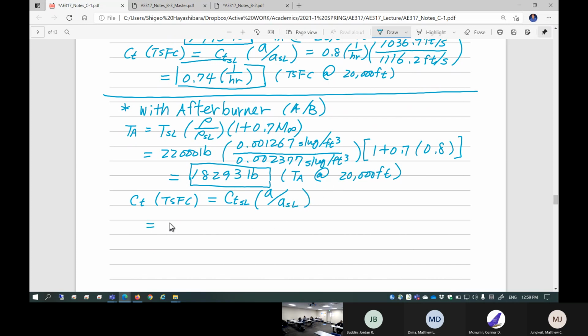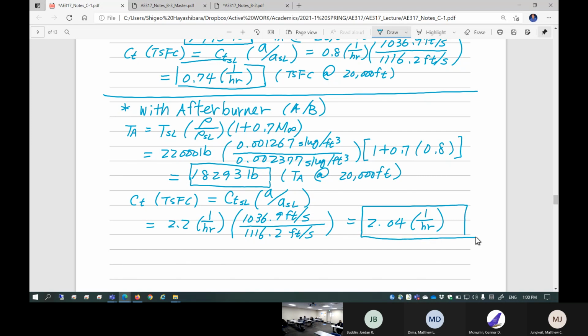So this is going to be 2.2 per hour, the TSFC at sea level with afterburner on, multiplied by the speed of sound ratio, 1036.9 feet per second divided by 1116.2 feet per second. This is going to decrease to 2.04 per hour. This is the TSFC at 20,000 feet altitude.